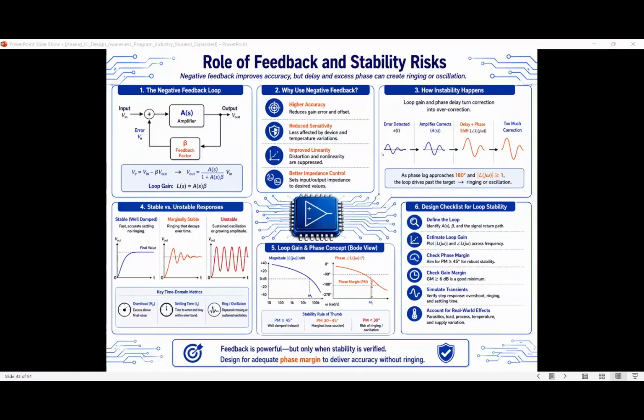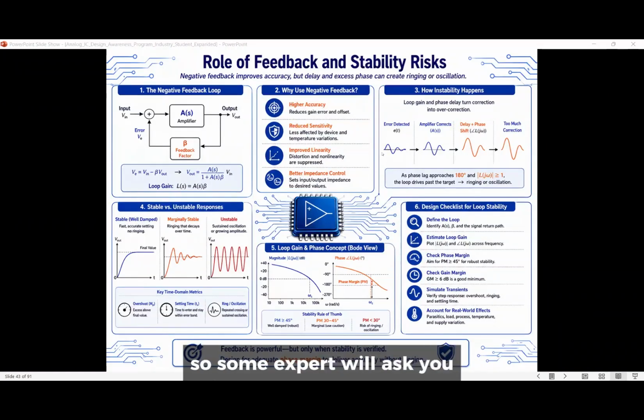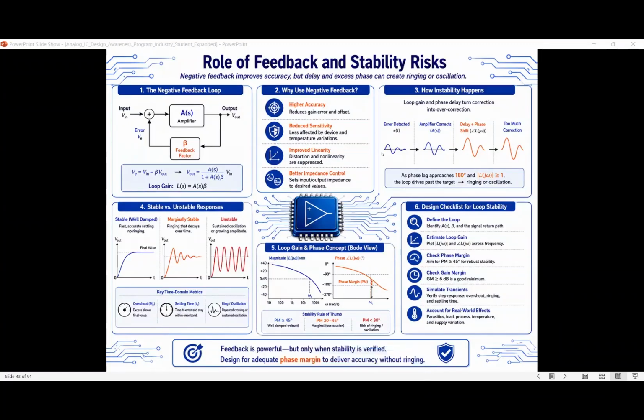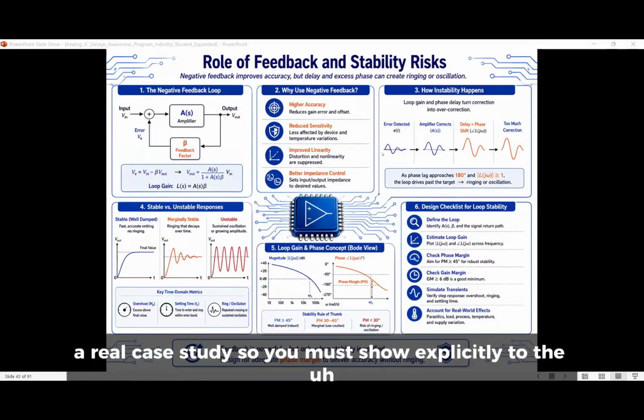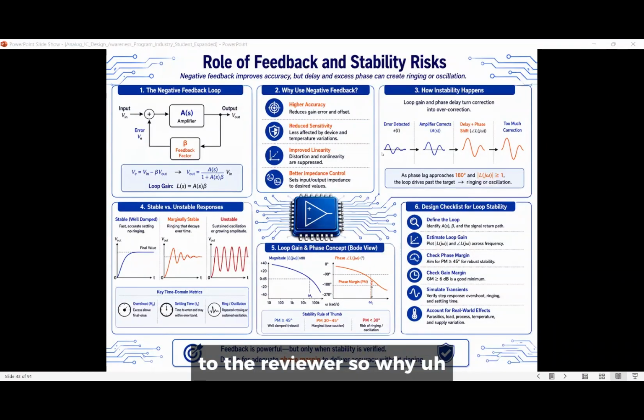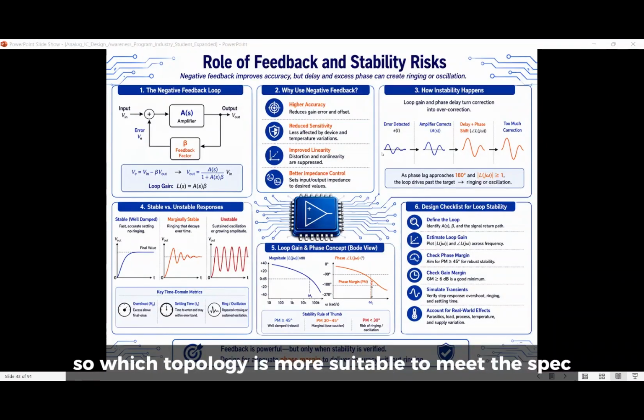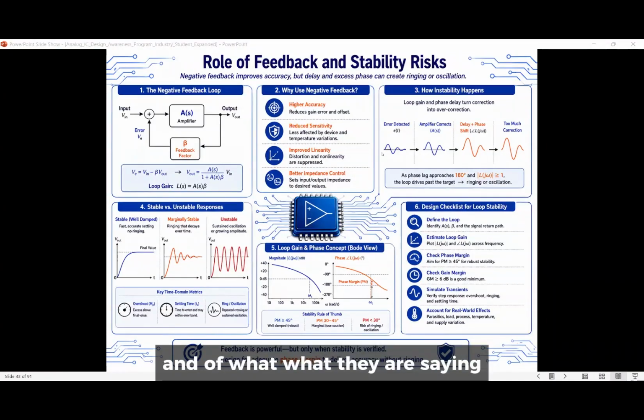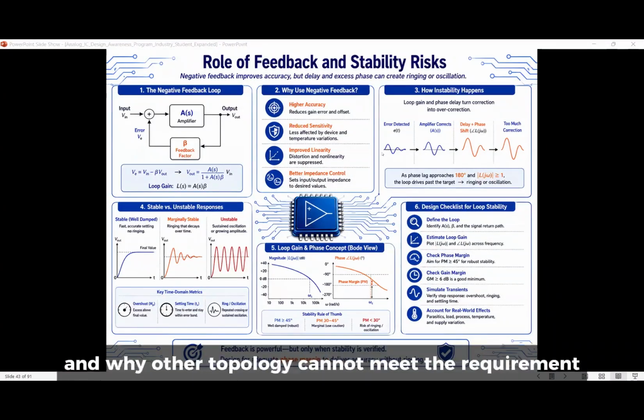Some experts will ask you a real case study, and you must show explicitly to the reviewer which topology is more suitable to meet the spec they are describing, and why other topologies cannot meet the requirement.